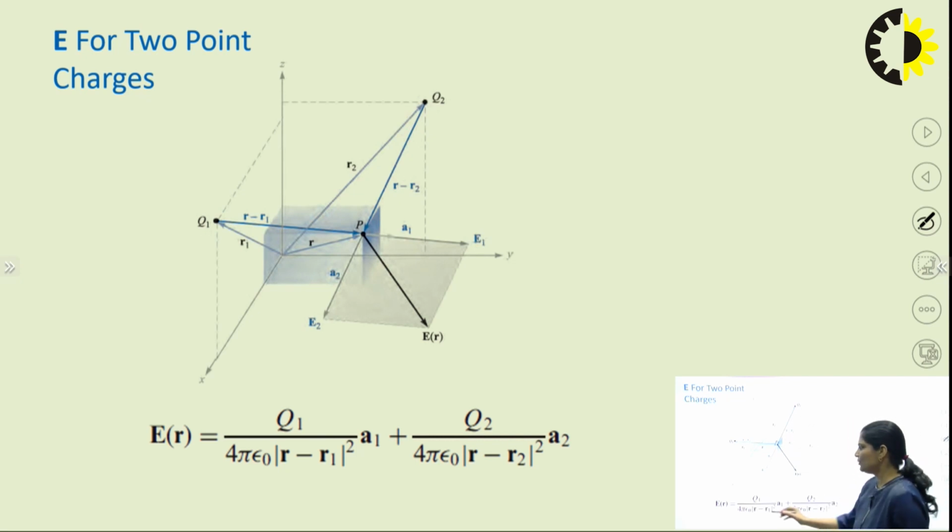Now here you have to write down electric field intensity between two charges. E of R is equal to Q1 upon 4 pi epsilon naught, in bracket, the magnitude of R minus R1 squared, this is your unit vector at point charge 1, plus Q2 upon 4 pi epsilon naught magnitude of R minus R2 squared A2. So this is the electric field intensity for 2-point charges.